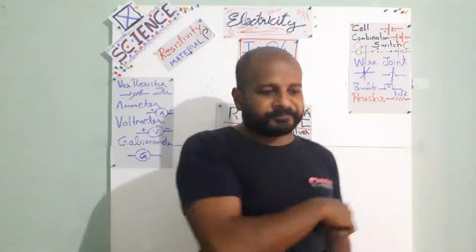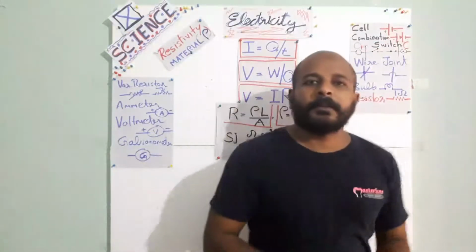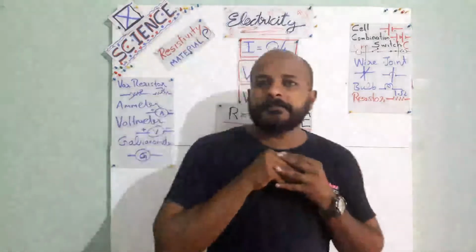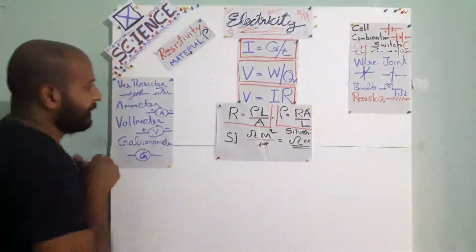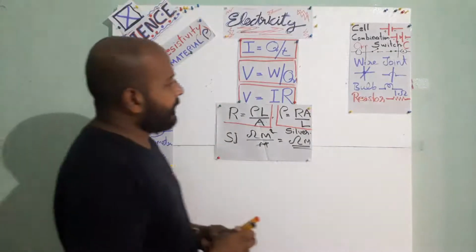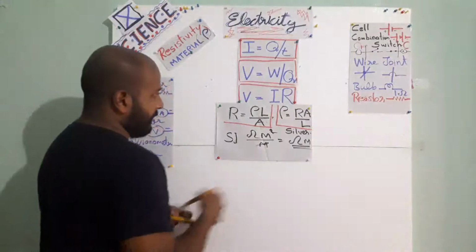Okay, come back. Why I wrote this thing called material? Why I wrote that? So next here, in this case I am taking silver. Next, I took aluminium. See, I am taking an aluminium wire.